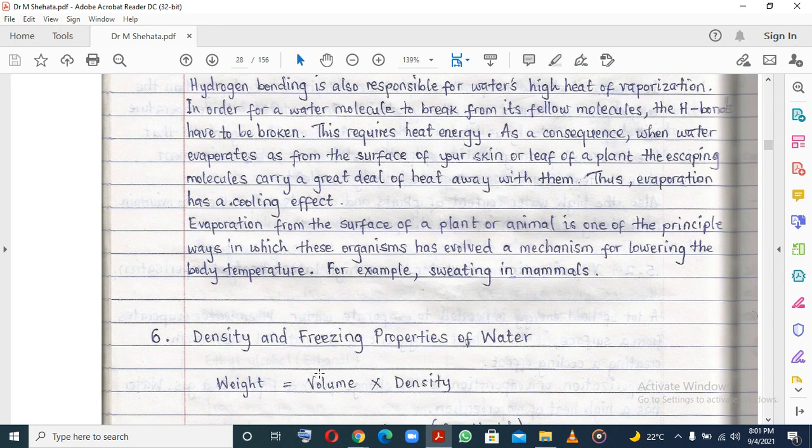Your sweat is going to vaporize, but because it required a lot of heat energy, remember, energy is never lost. So energy has just been transferred from the heat energy in your skin to the energy used to break the hydrogen bonds. As a result, your skin loses that energy.